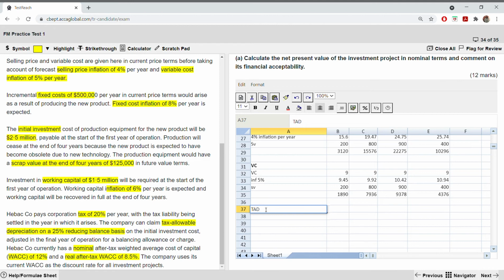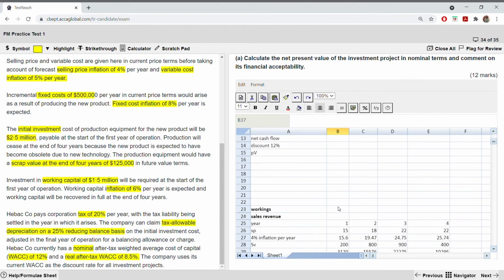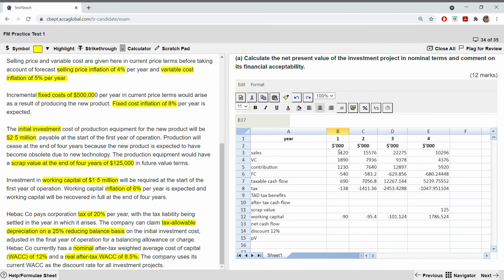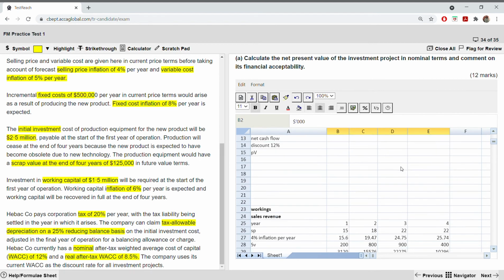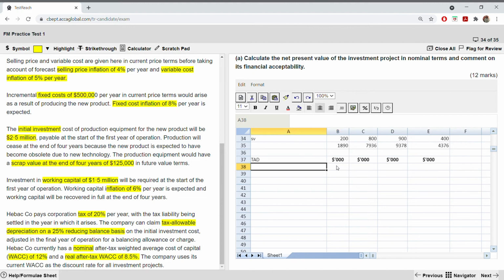So when you're taking this, you can drop down the 3 zeros. Paste. Okay. Tax allowable depreciation and tax benefit. Sorry, it's tax benefit. Because of this, you should not pay tax.